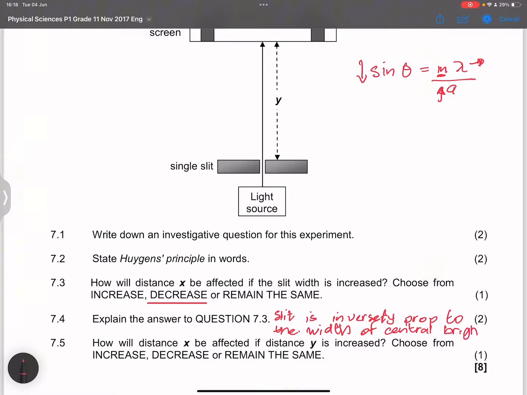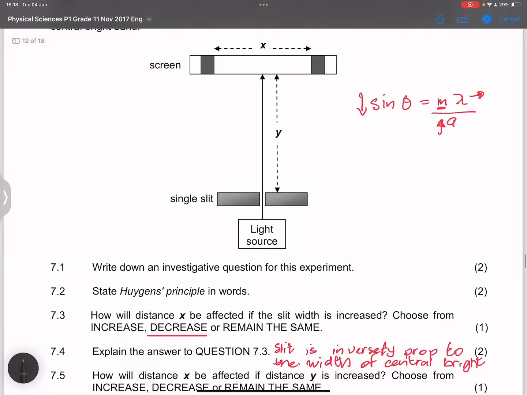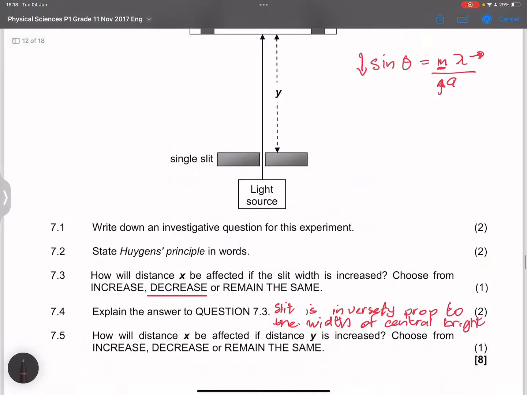All right, ladies and gents. And finally, they say, how will distance x be affected? Okay, so they want to know about that bright band.